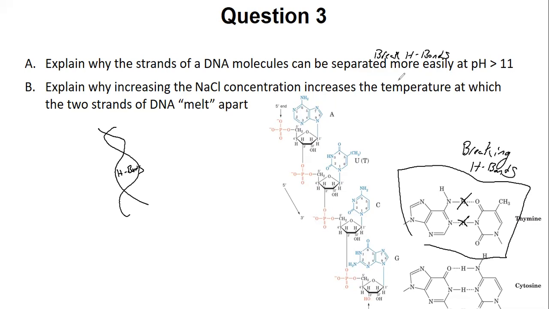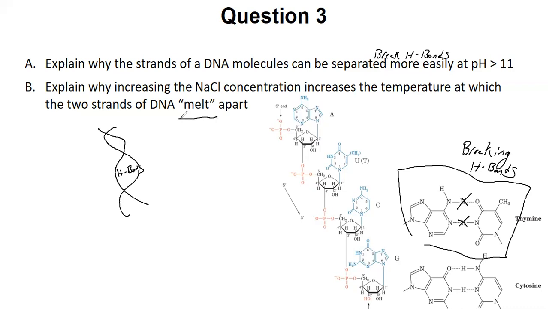So let's go to B then. B is usually a little trickier. Historically, when I ask this, people have a little harder time understanding B. So let's say I have DNA and I keep adding NaCl to it. And I'm doing an experiment where I am measuring what temperature I have to be at to separate double-stranded DNA into single-stranded DNA.